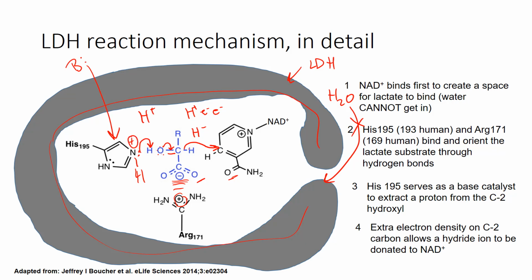We have pyruvate, and then we have a double bond. And then we have NADH, so we've got 2 hydrogens there instead of 1. The double bonding pattern in the nicotinamide ring is going to change. That positive charge is going to go away, and we're going to end up with NADH.